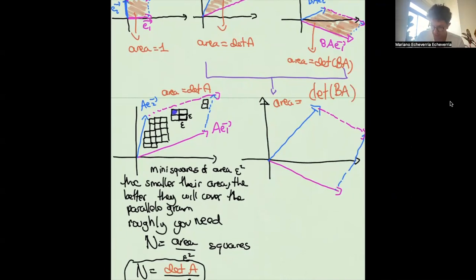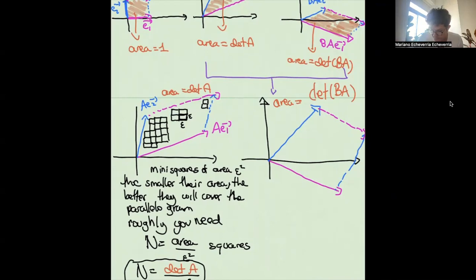But if you look at this, let's keep track of what happens with an individual square. It gets distorted, and it becomes a small parallelogram.